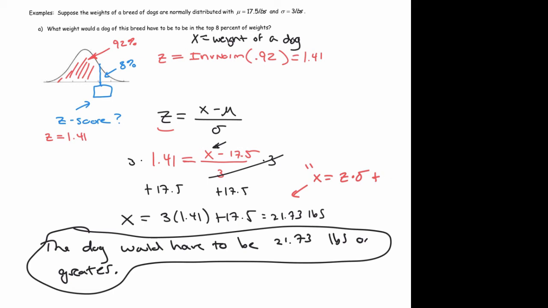If you're someone who really relies on formulas, that's really all we're doing. But if you're savvy with the algebra, it's usually best to anchor your knowledge to the z-score formula and then just do the algebra. In any case, we've introduced the inverse norm button. That gives a z-score for a percentile that you're interested in, and then you need to work backwards to take that z-score and convert it into an actual value that corresponds to the context in the problem.